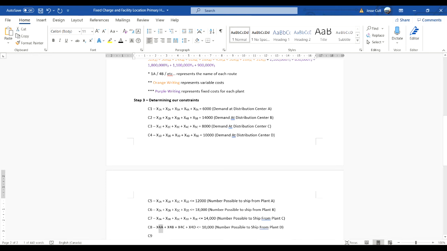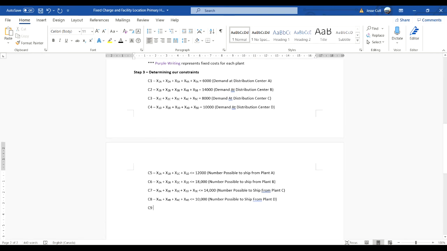So minimize again. This will look more intelligible, easier to read when we are finished because I'm minimizing everything. And finally, for this section, our final constraint, X5A plus X5B plus X5C plus X5D less than or equal to 16,000 units.